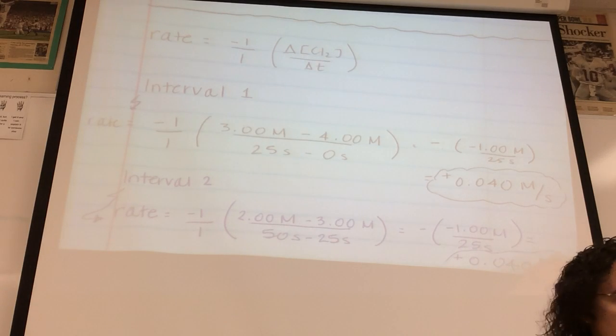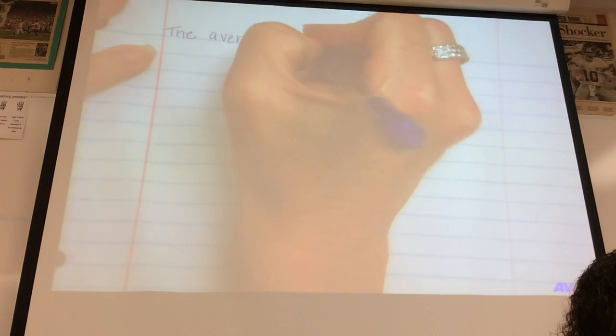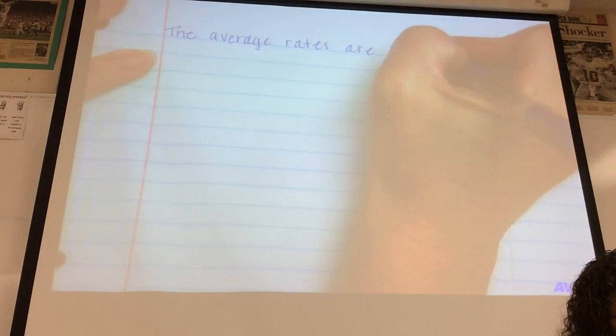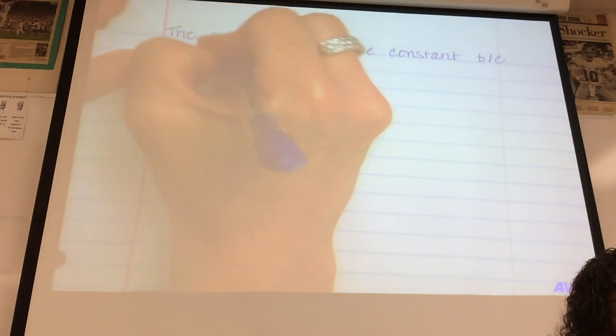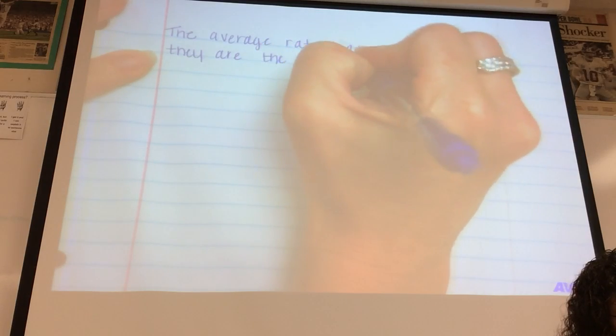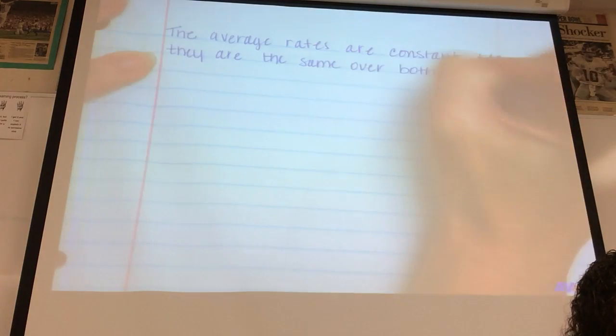So what we're going to indicate here is that the average rates are constant because they are the same over both intervals.